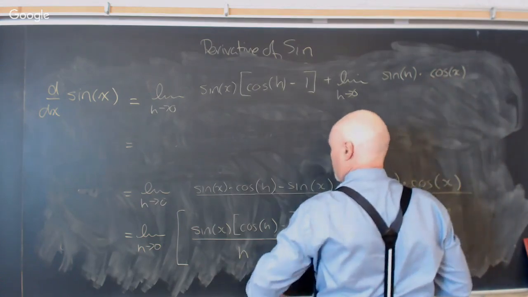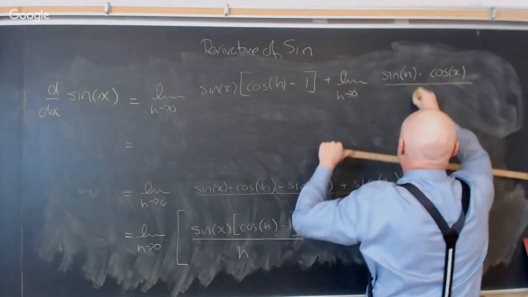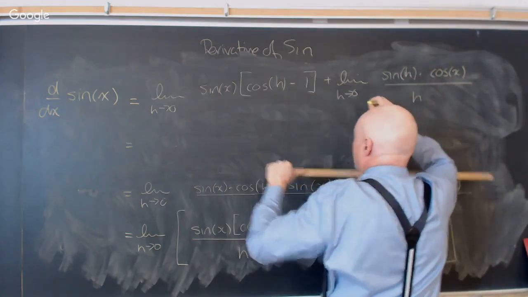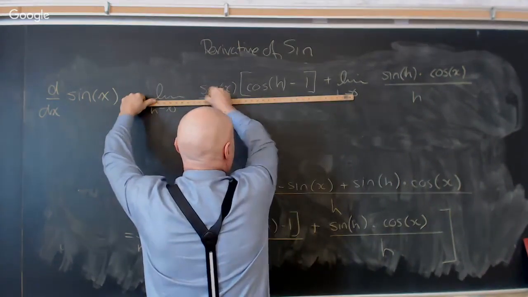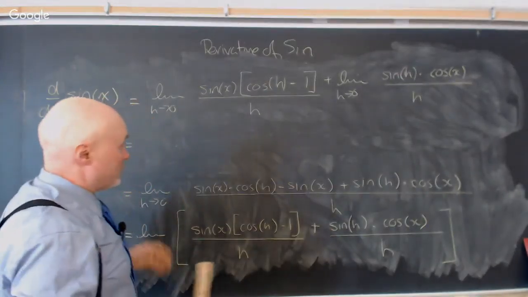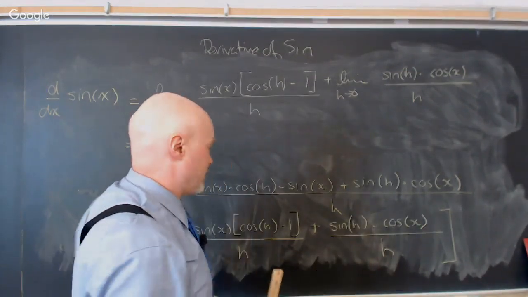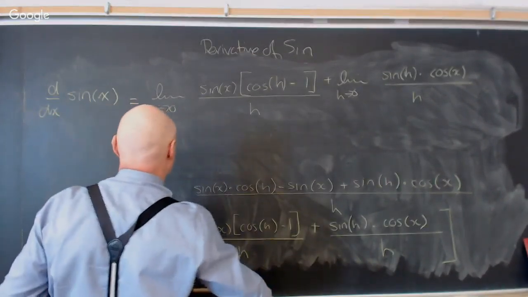Both of these expressions are over h. And that's a really tall h there. There we go. So now I have two limits added together. Limit of a sum is the sum of the limits.